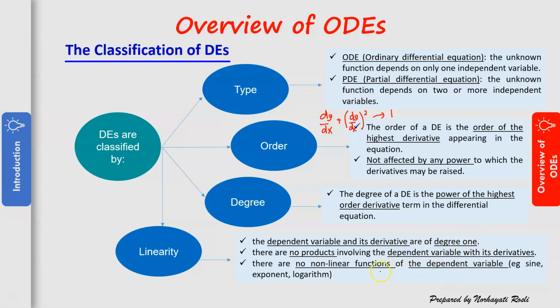Nonlinear functions here refer to, for example, quadratic functions, sine function, exponent function, logarithm function, and so on. If such a function is in the differential equation, it means that the differential equation is nonlinear, because for linearity, there is no nonlinear function of the dependent variable. Remember, again, it refers to the dependent variable. If it is for the independent variable, it is okay. We can say that the differential equation is still a linear differential equation.